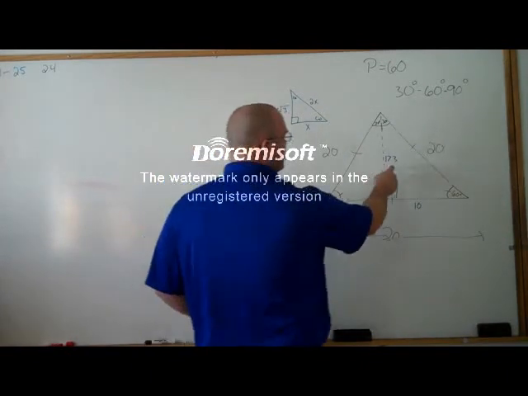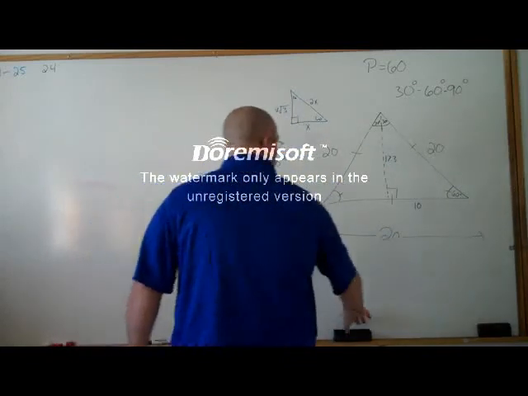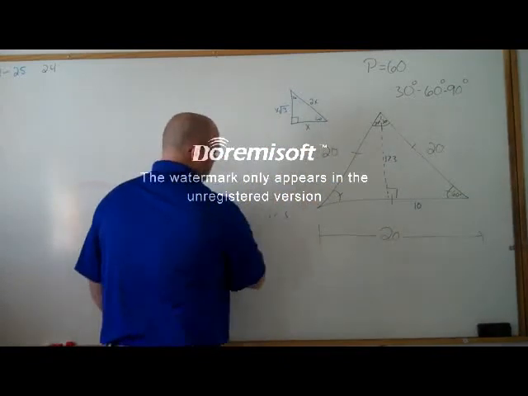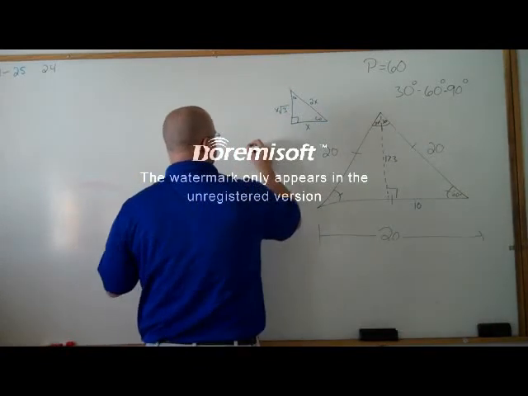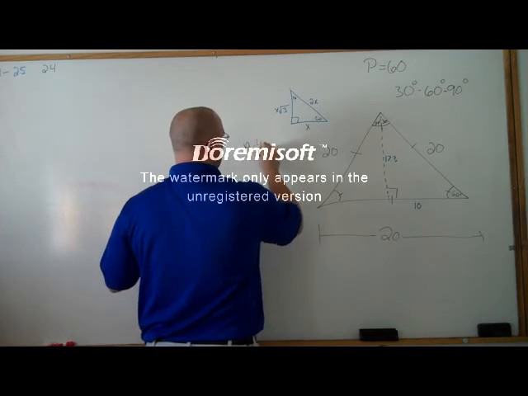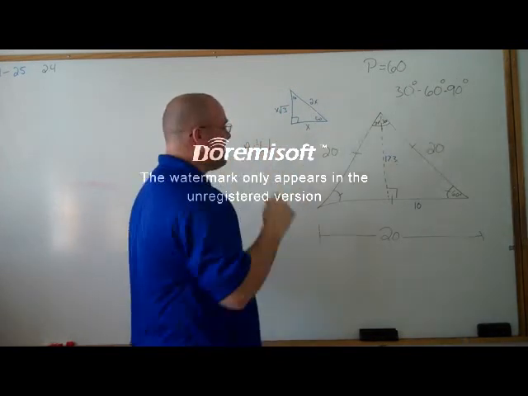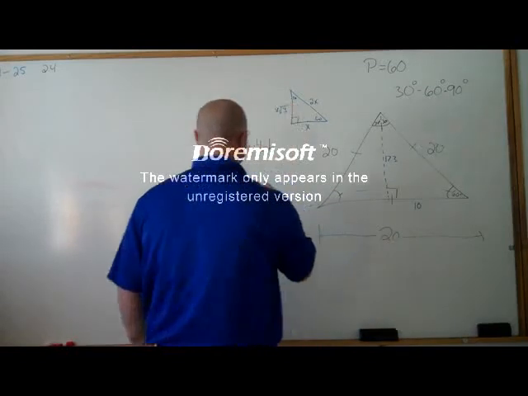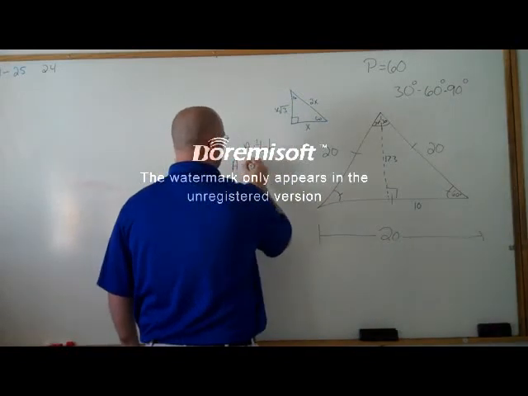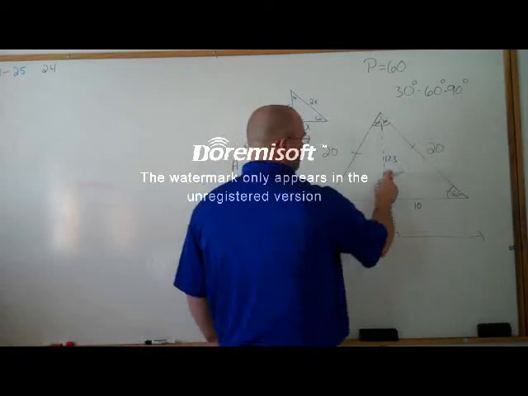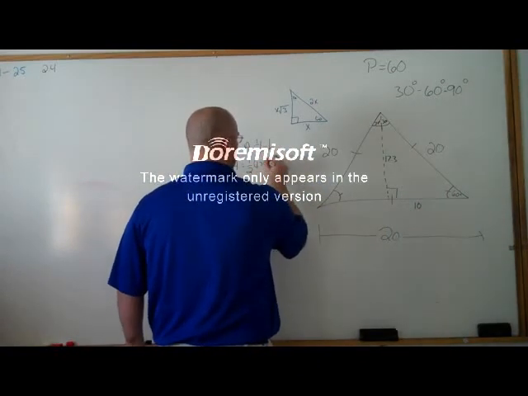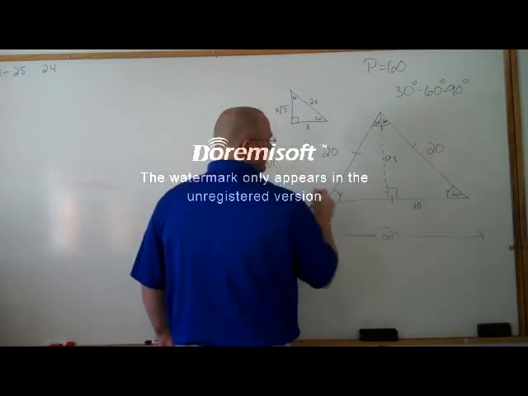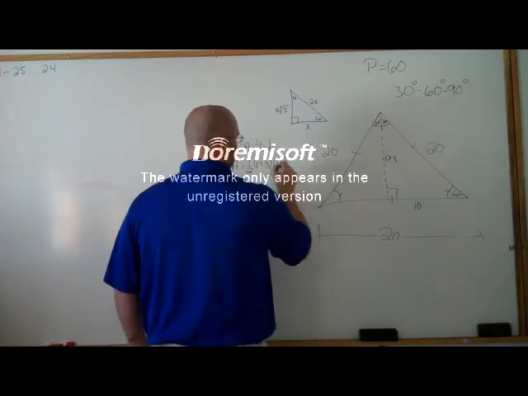So we now know this is 17.3. What's our formula for that? Area. Area equals one half base times height. So now we got half. Area equals half times 17.3 times our base, 10.